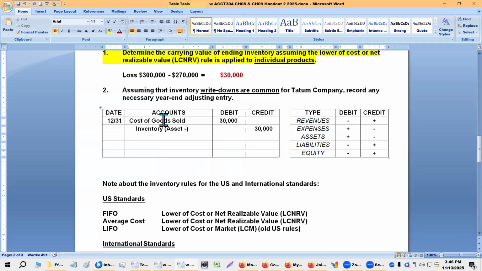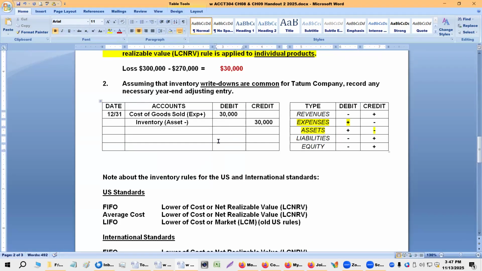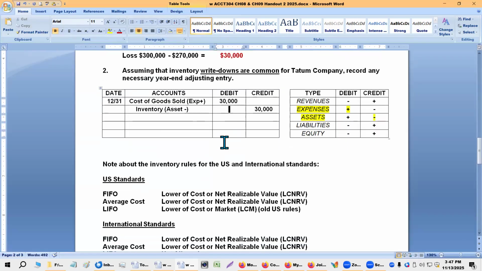Cost of goods sold is similar to an expense going up. They call it cost rather than an expense, but your asset's going to go down and your expense is going to go up. If it was an unusual event, you'd probably separate it out.